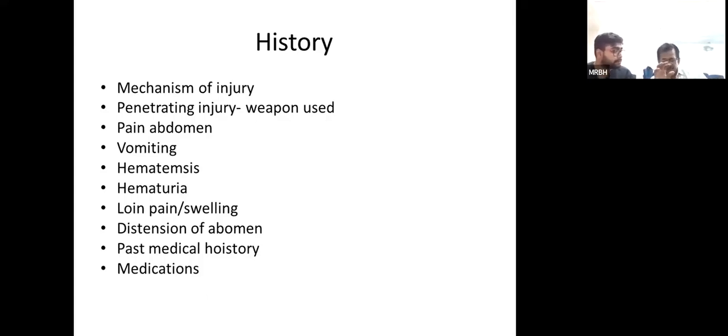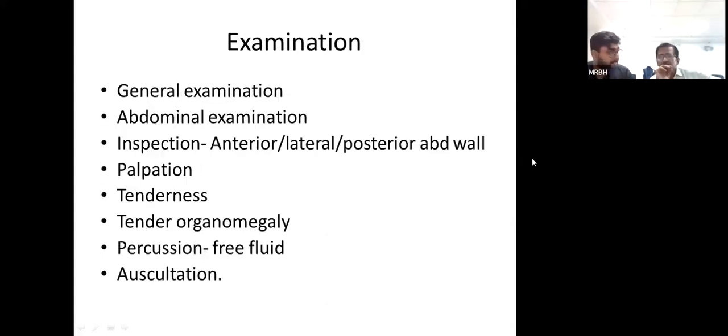So you have taken a good history and done a good examination. Is it possible to clinically diagnose pancreatic injury? Sir, it is very difficult to clinically diagnose with typical clinical signs and symptoms. However, we have to take into consideration the history as well as clinical symptoms, which can give us an indication.